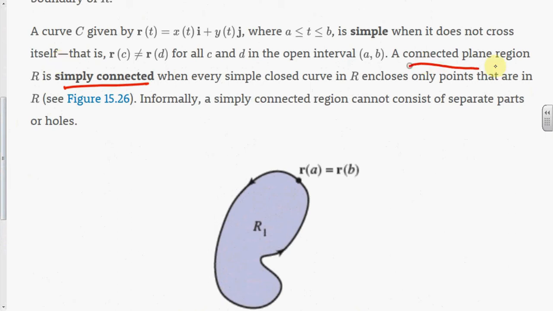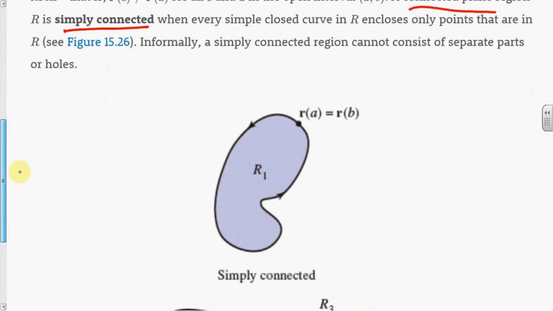And then a connected plane region is simply connected when every simple closed curve in R encloses only points that are in R. In other words, if I have a path around a so-called region, this curve does not cross itself, doesn't double loop, and everything in the path stays within the region. So basically this becomes a true boundary, is what he's really saying.